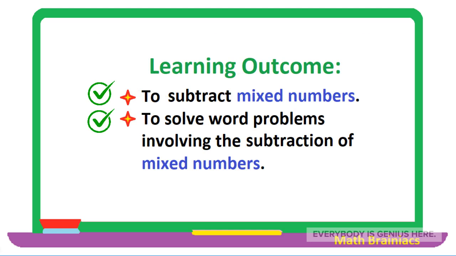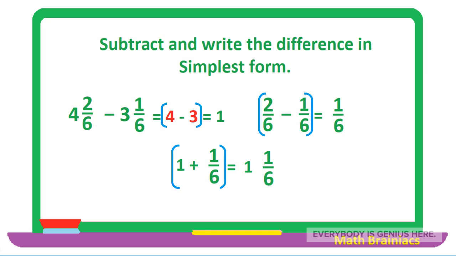In this regard, we have met our goal for today's lesson. We have learned how to subtract mixed numbers. And we have learned also how to solve word problems involving the subtraction of mixed numbers. A piece of cake. To wrap it up in subtraction of mixed numbers, we are going to work on the whole numbers first. After finding the difference of the whole numbers, we can subtract now the fractions.